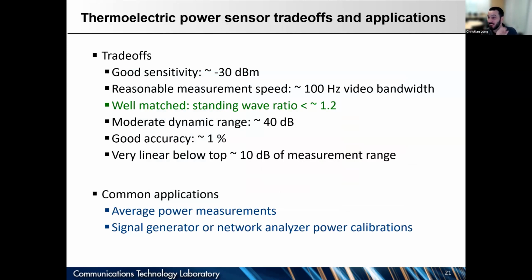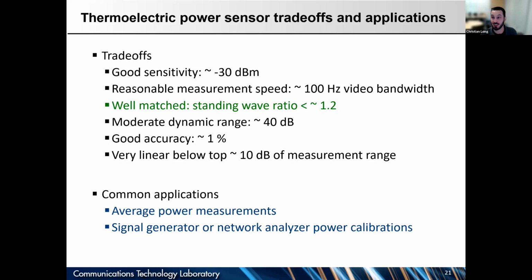Since it does convert an electrical signal into a thermal domain and then back to an electrical signal, it's not generally as sensitive as something that stays in the electronic domain. So it's not as sensitive as a diode power sensor, for example. Since it involves heating something up and cooling it back off, the measurement speed is not as high.